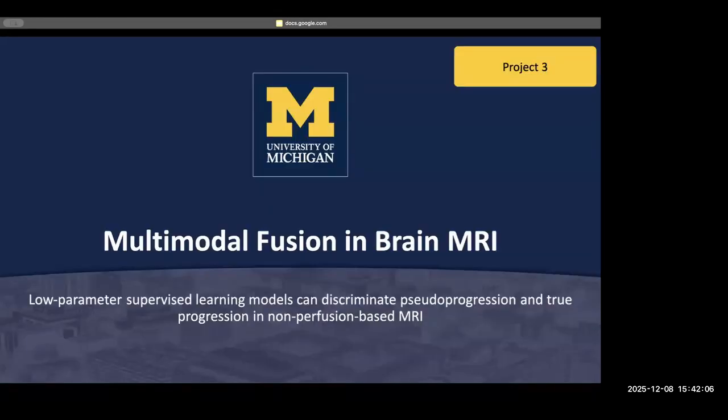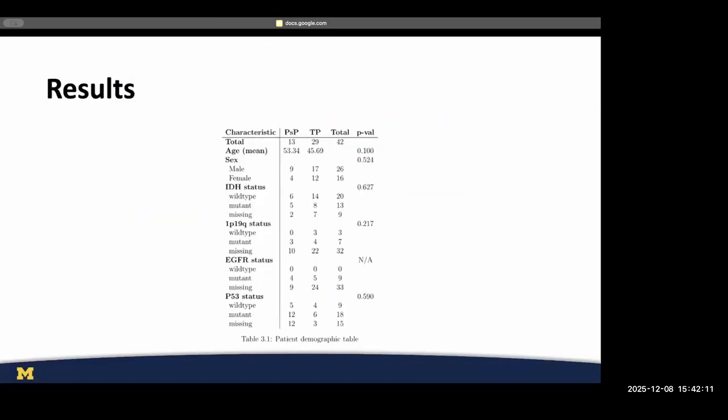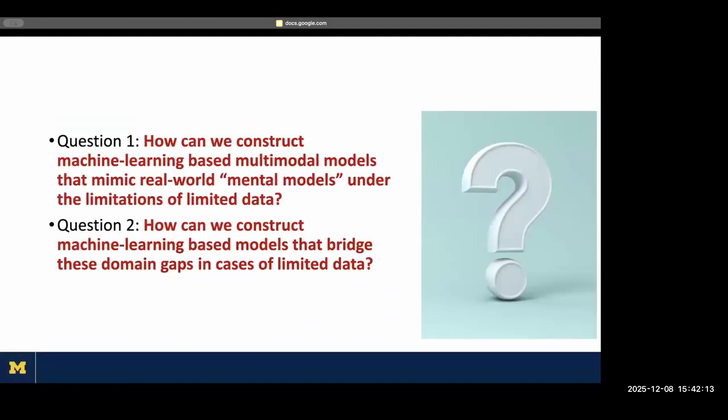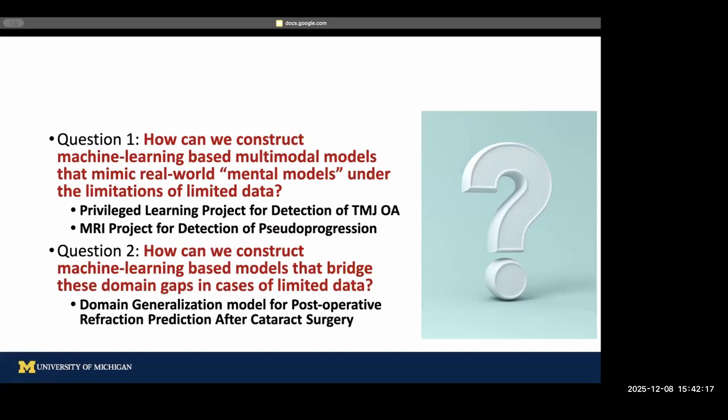I'm going to actually skip this because I feel like I already went over it, but I just want to summarize. Again, our question was, how can we construct these multimodal models under limited data? So we showed one example using privileged learning, so we don't require some features at test time. And we use the random forest model to provide accurate results, even with a small sample size.